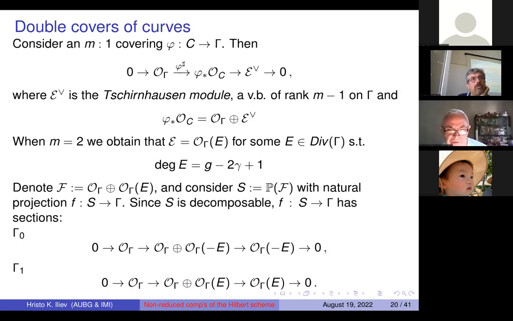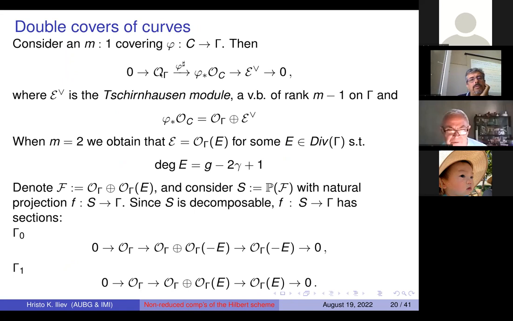Before proceeding with the algebraic construction, I want to say a few words about multiple coverings of curves. So if we consider a curve that is an m to 1 cover of another curve, and phi is the covering morphism, then we have this exact sequence that I have here.